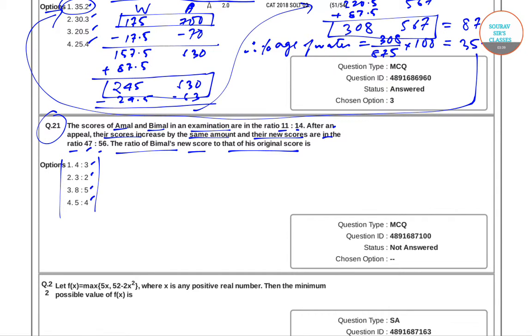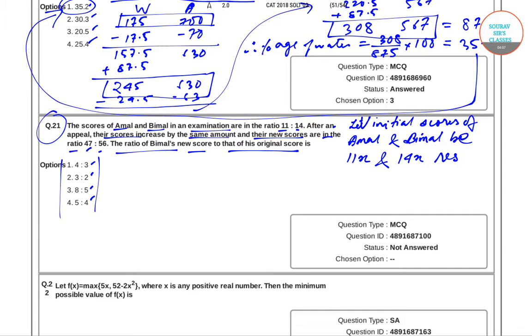It has been said that the original scores of Amol and Bimal in the examination are in the ratio of 11:14. So we can say let the initial scores of Amol and Bimal be 11x and 14x respectively. Now it has been said that after an appeal their scores increase by the same amount.